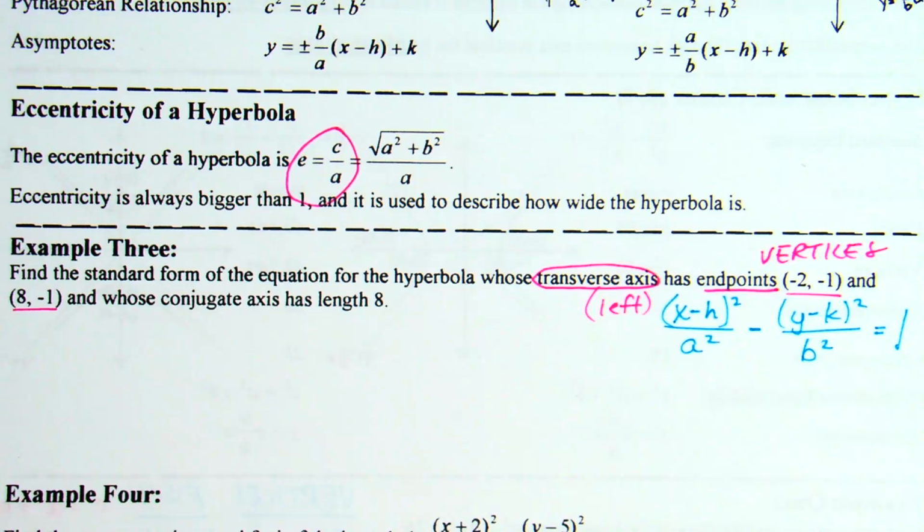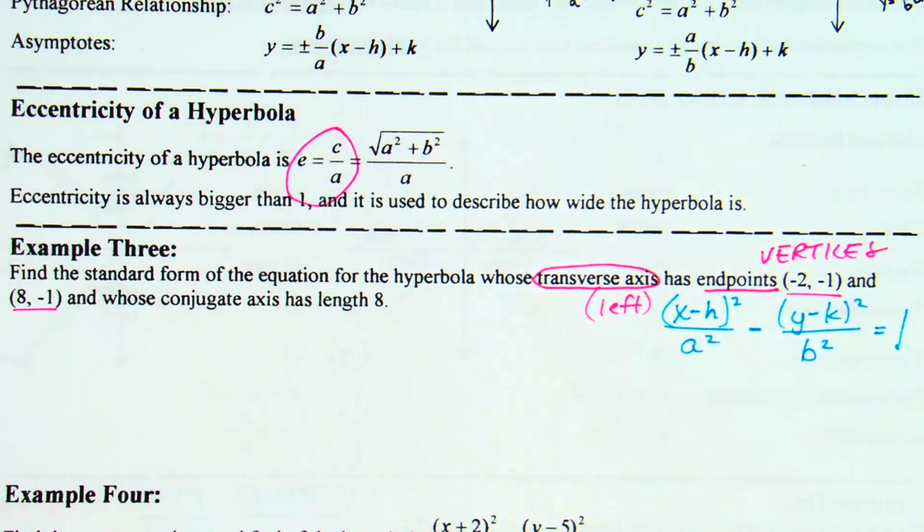Can you tell me anything about the length of the transverse axis? Can you visualize that, if it goes from (-2, -1) to (8, -1)? How far apart are -2 and 8? 10.